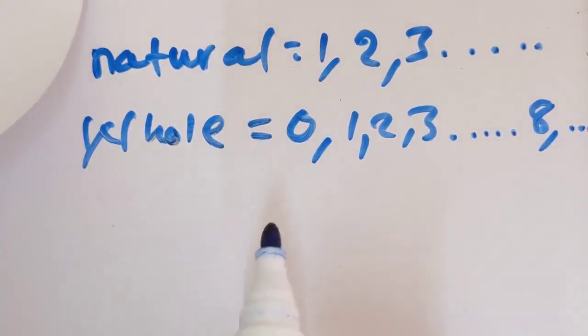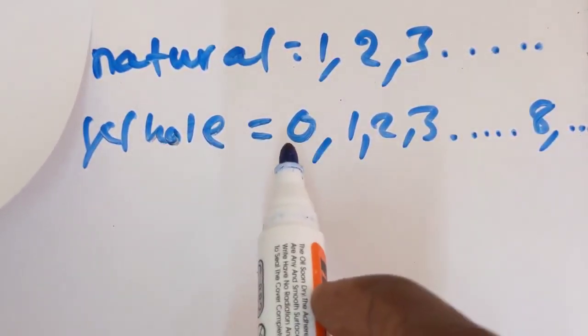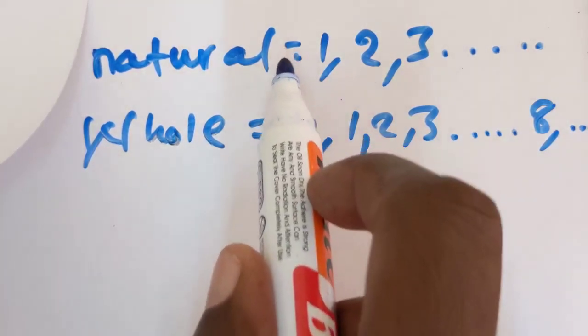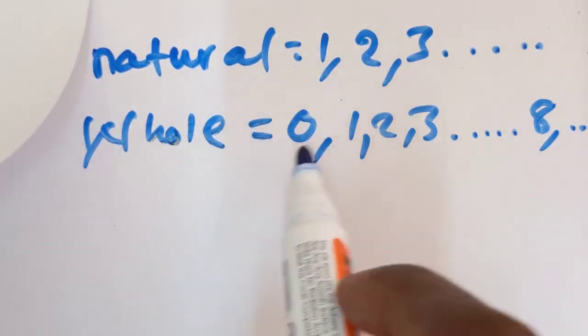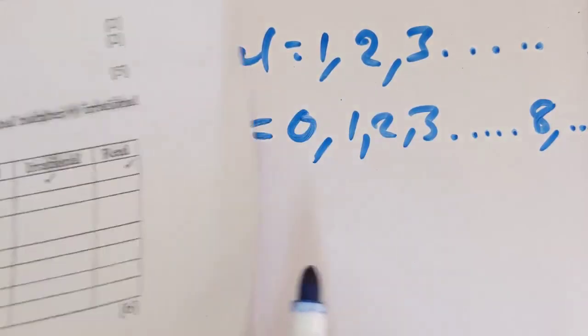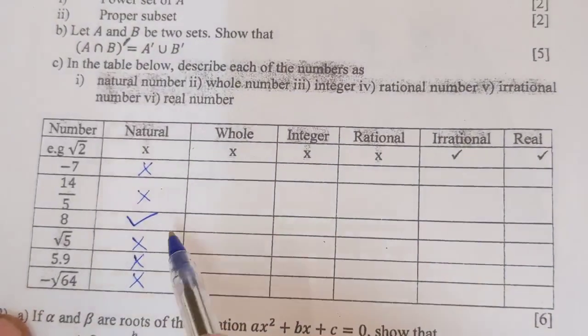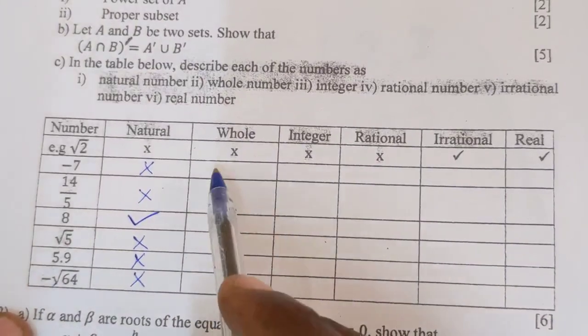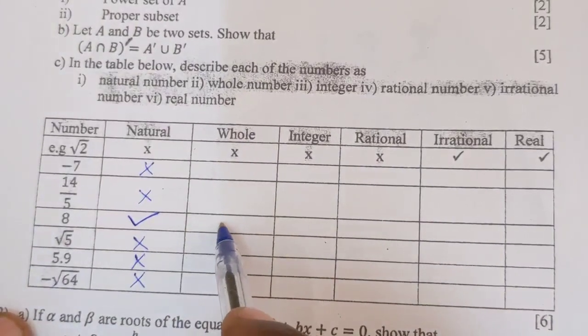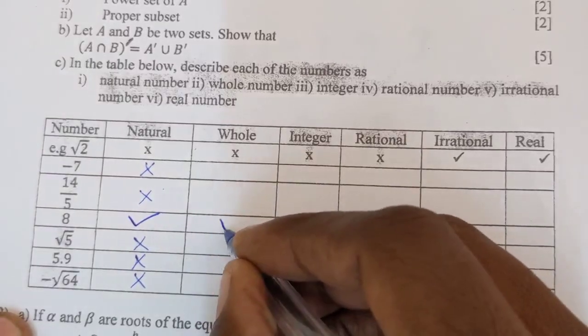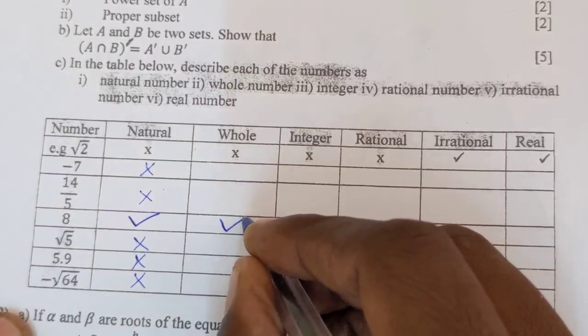The difference between natural and whole numbers is that whole numbers include 0. So I have seen 8 here, meaning that it is a whole number. I was just supposed to mark it like that.